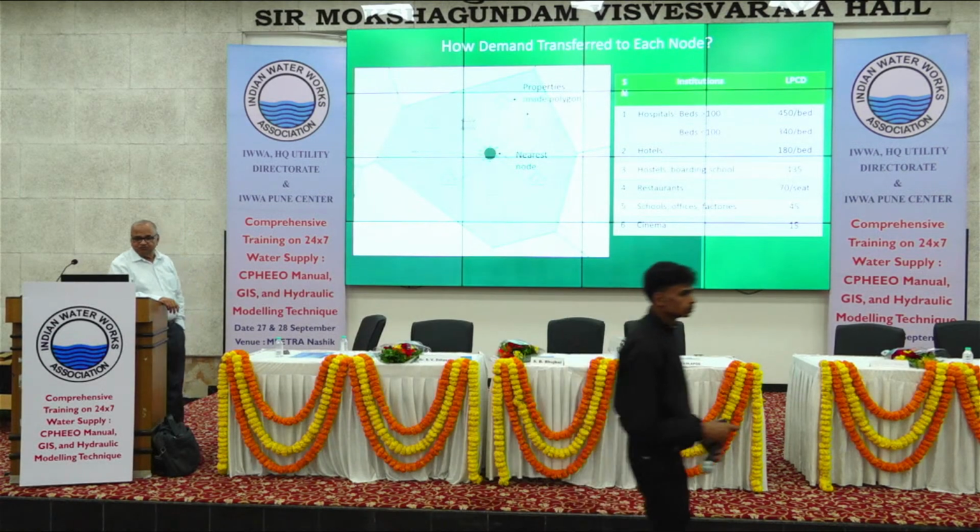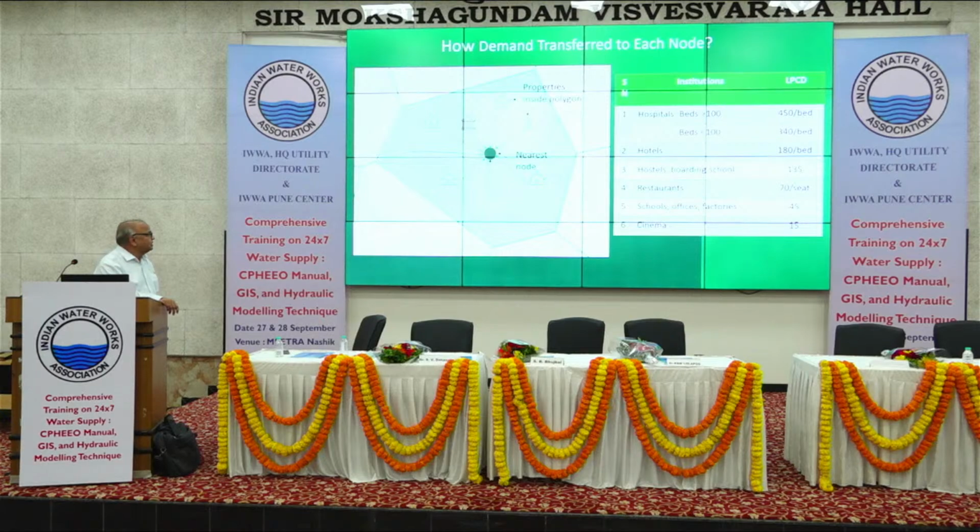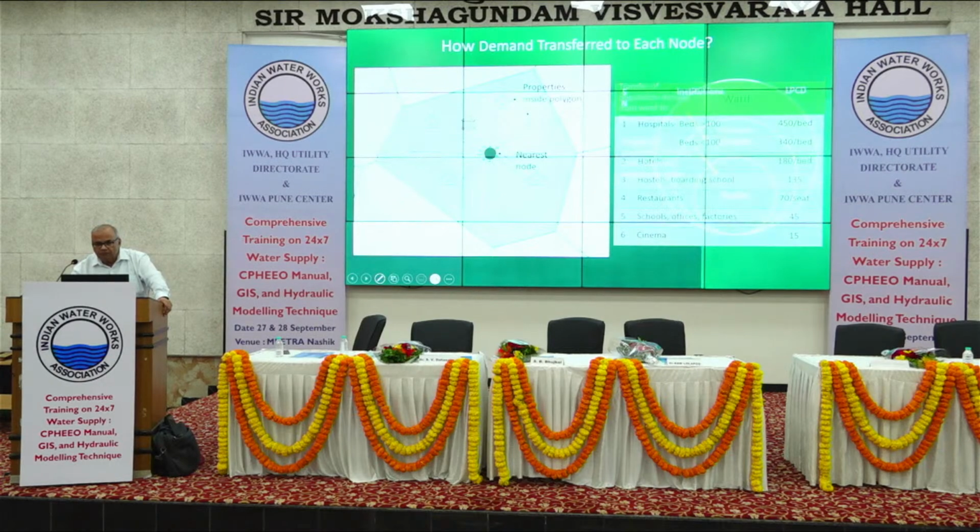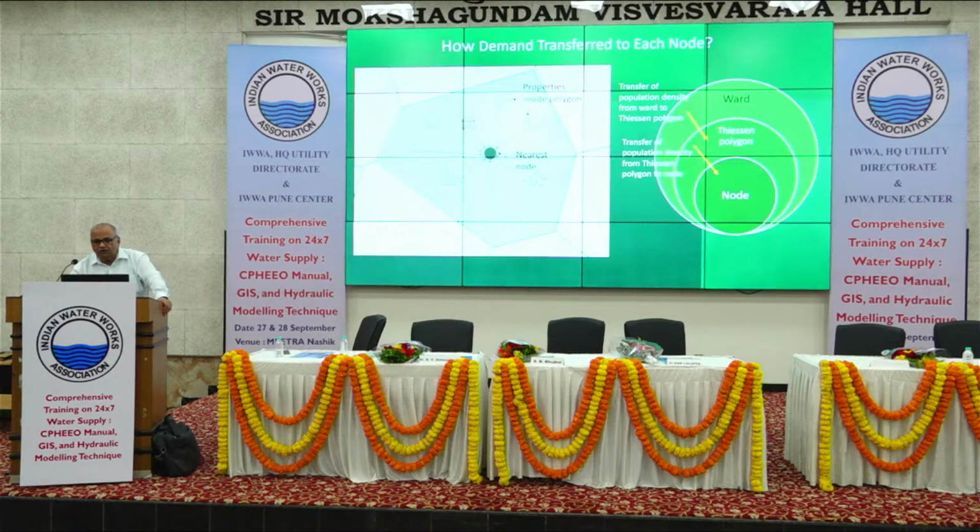So in this polygon there may be houses, offices, residential buildings also. With respect to this CPHEEO manual, we give this, and then the demand is transferred from the Thiessen polygon to the node.